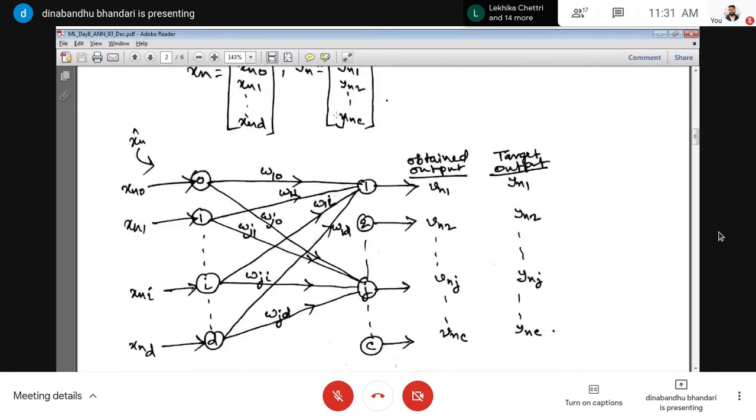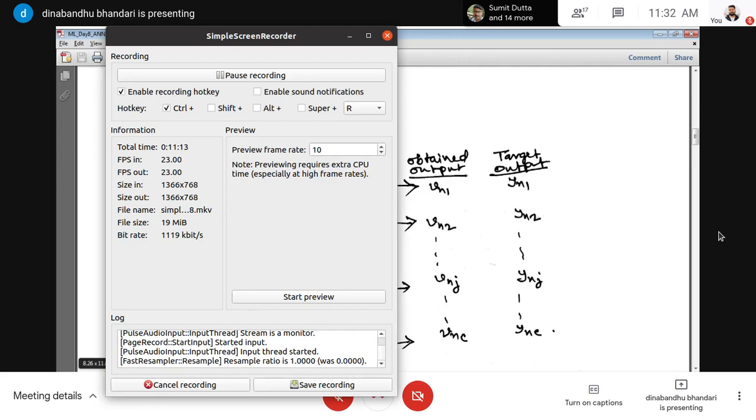This is the architecture of the artificial neural network. This is the input layer, and the number of nodes in the input layer is equal to the dimension of your input data. For the nth data object, you have xn0, xn1 up to xnd, and xn0 is the bias. So here it will be there, and there are 0, 1, the ith node as the generalized one, and this is the dth node.